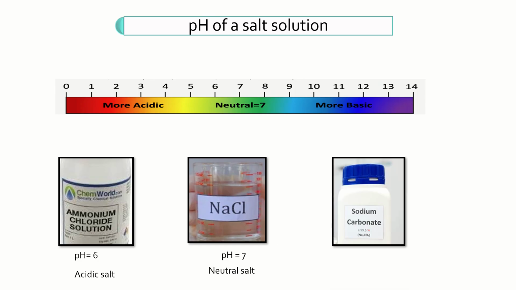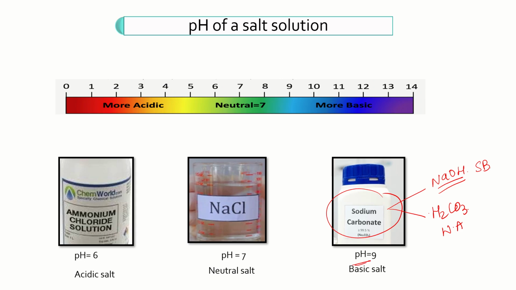Next salt is sodium carbonate. Sodium carbonate is formed from sodium hydroxide base and carbonic acid. Carbonic acid is a weak acid and sodium hydroxide is a strong base. That is why the salt is a basic salt whose pH is 9.